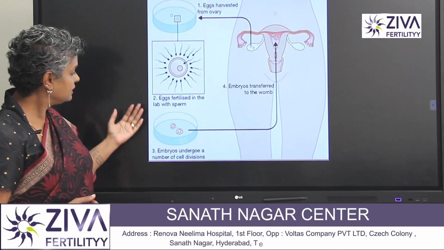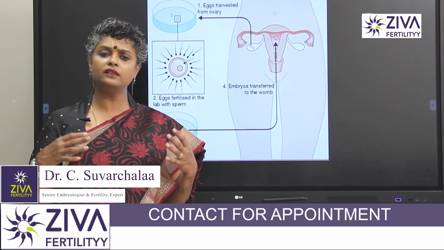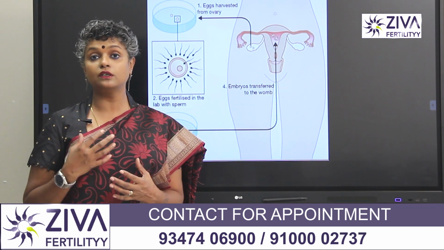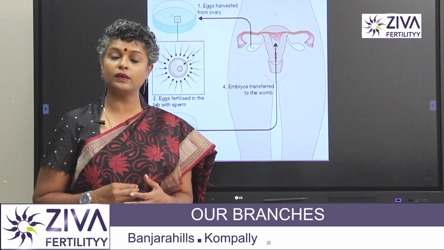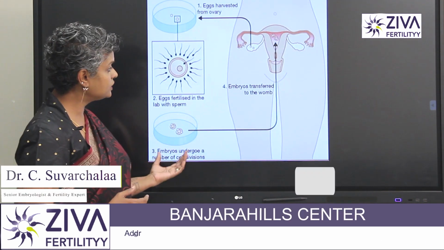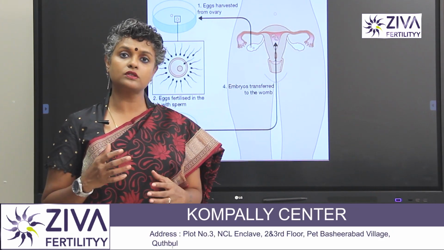So after this, the embryos are cultured in the laboratory. This is a very important process where the laboratory conditions and the atmosphere, which are conducive and important for the embryo to grow and develop properly, are maintained, after which the embryos are transferred into the uterus. So this is in a nutshell the process of IVF.